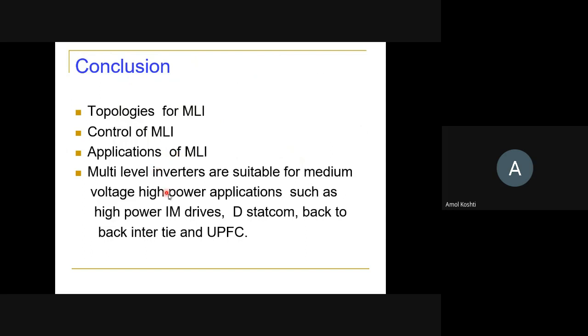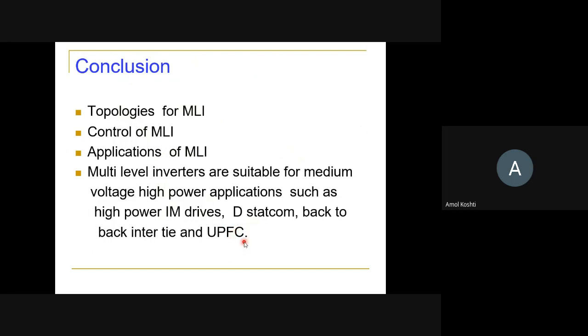Okay, and from this we can conclude here that, because of the fine nature of the output at the end of this inverter, these inverters are mostly preferred for medium and high voltage applications in the industry, that is in drives, in STATCOM, in reactive power compensation, back-to-back tie, and also for power factor correction.